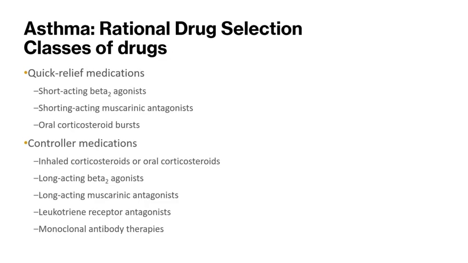The controller medications are the inhaled corticosteroids and oral corticosteroids, the LABAs, the long-acting muscarinic antagonists, leukotriene receptor antagonists, and the monoclonal antibody therapies. So the short-acting would be like albuterol, levalbuterol, ipratropium as well.